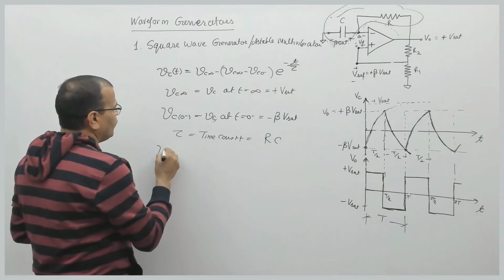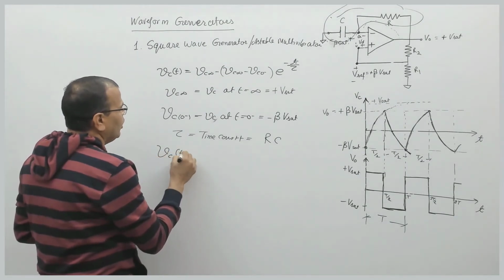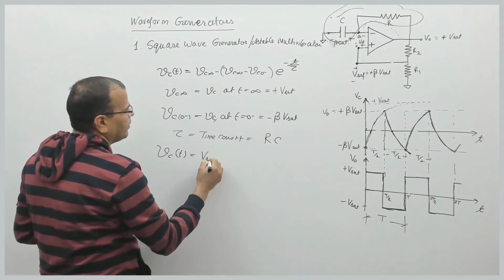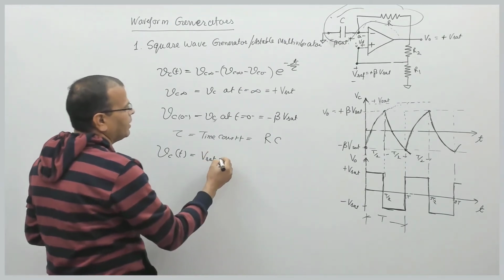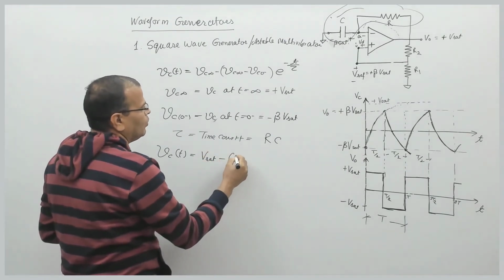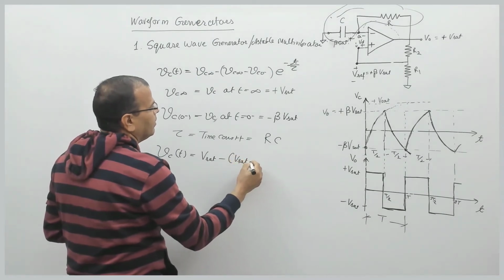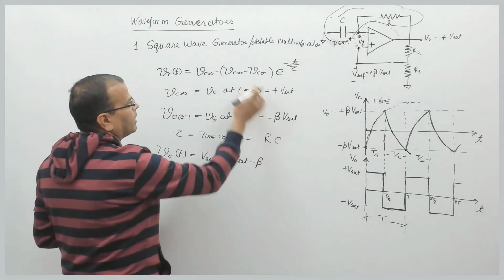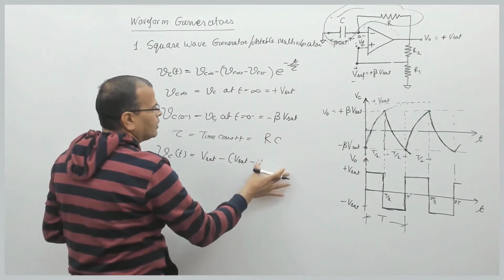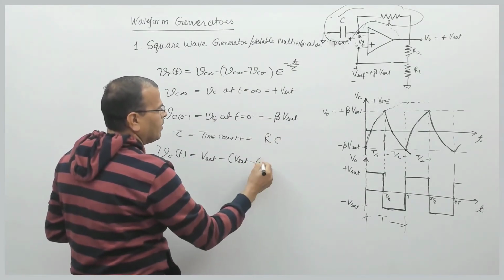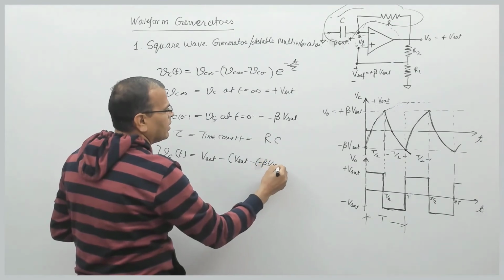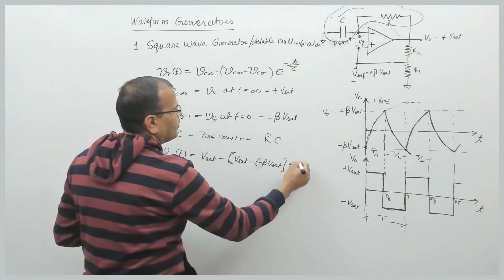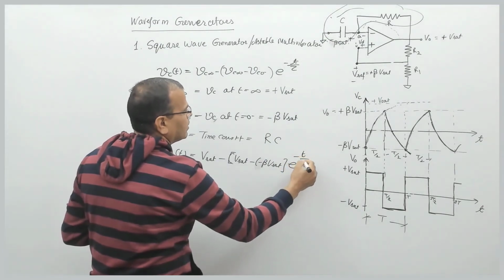Now, what will be Vc(t) here? Vc infinity is plus Vset, so I write Vset, into Vset minus minus beta Vset. Since we have a minus sign here, instead of writing minus I can write minus beta Vset, multiplied by e raised to power minus t by RC.